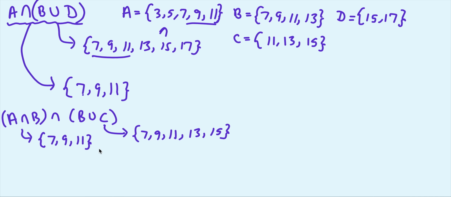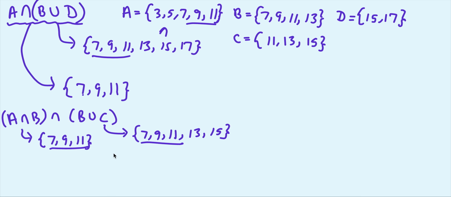Okay, and now we have to intersect both of these. Okay, so A intersecting B with B union C. So what is intersecting between those two? 7, 9, 11.